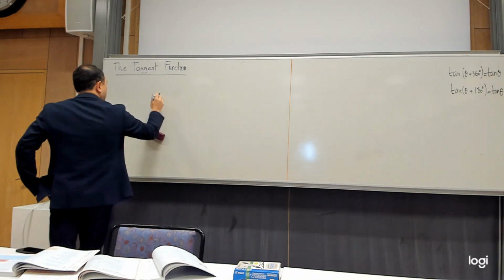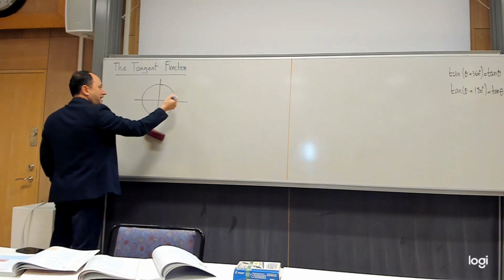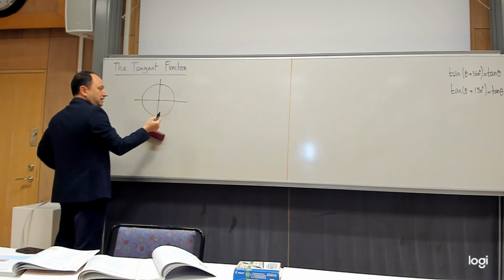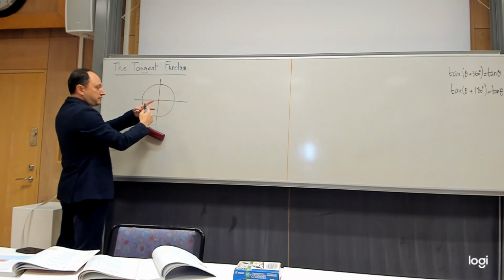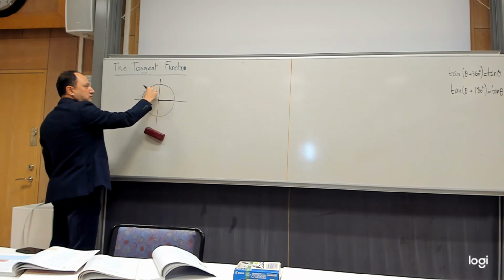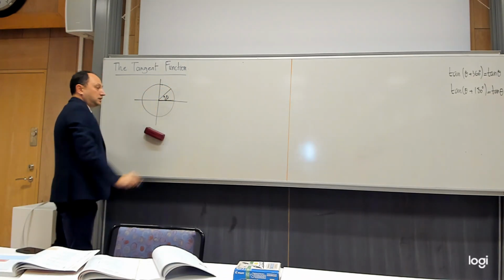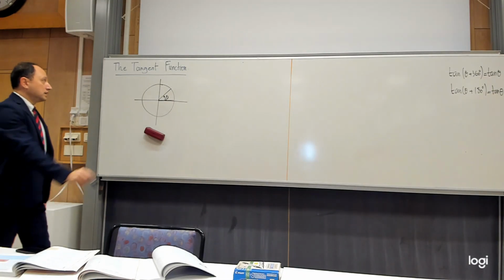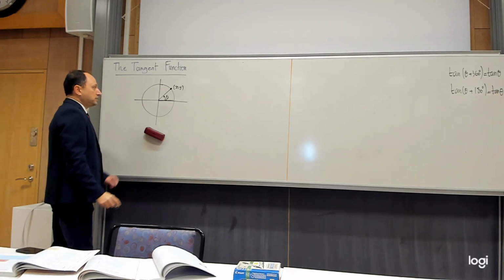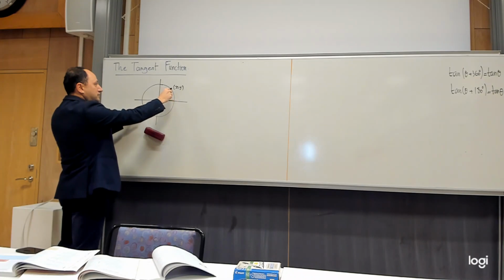Because if I have this unit circle, and then let us consider an angle theta, an angle has two sides. The first side by convention is always the horizontal. The second side will be somewhere, so let us assume that the second side is here. Let us consider that the coordinates are x and y. If I add 360 degrees, I will return back to the same point.